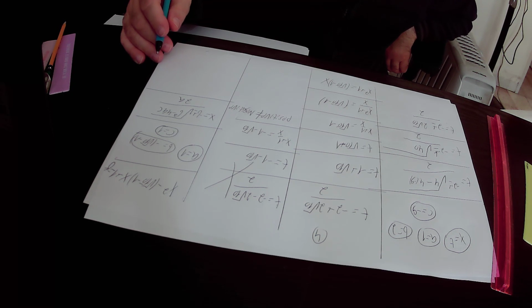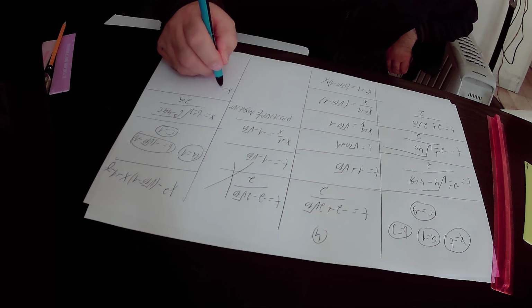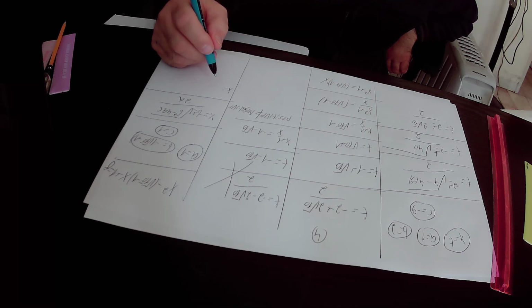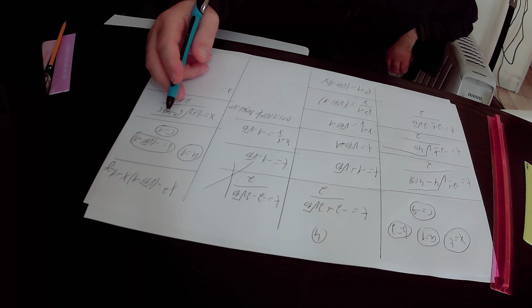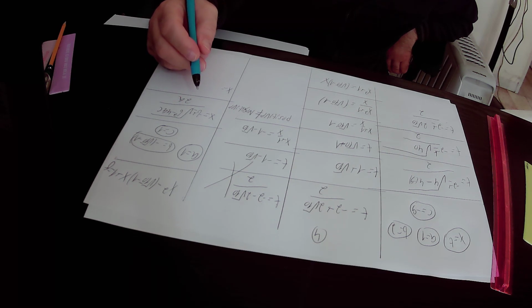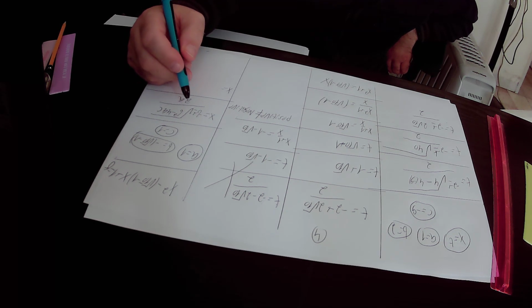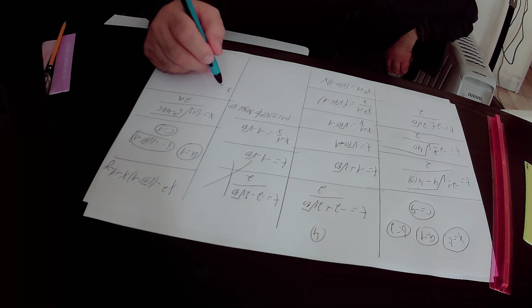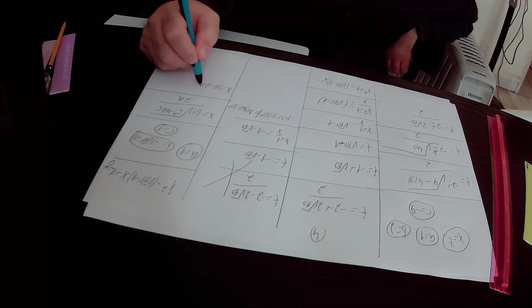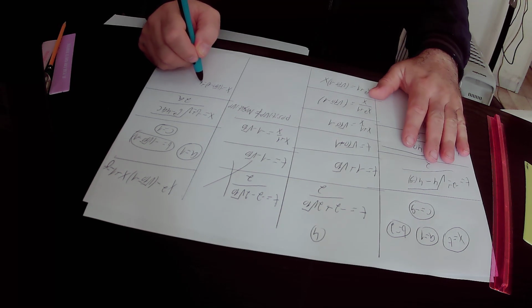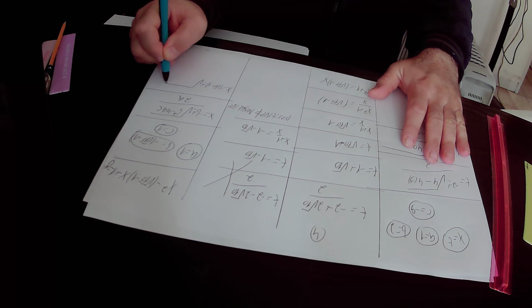So we get here that x equals, b is the square root of 10 minus 1, so minus b, minus and minus is plus, so we get here the square root of 10 minus 1, plus minus the square root of b squared.